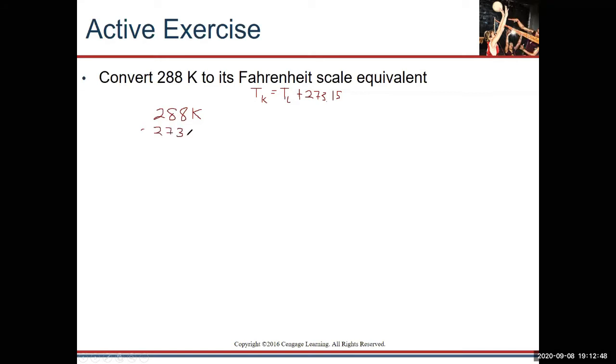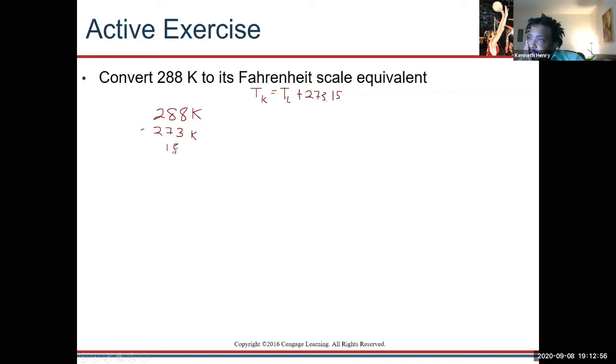And it gives you the Celsius. Okay, so that's what, 15 degrees Celsius? Well, it's actually 14 point, to be exact, 85. Thank you.